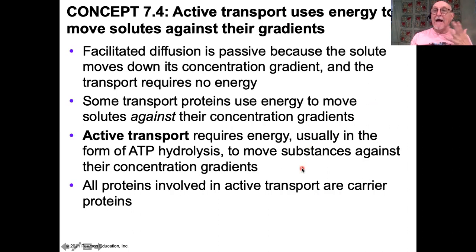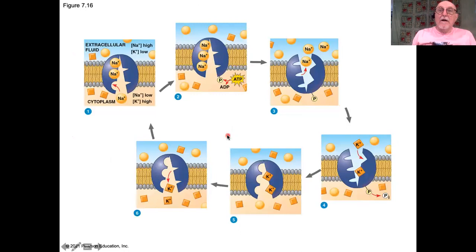And in doing so, they hydrolyze some substance which is high in phosphate. They very often are themselves phosphorylated. That's how they acquire the energy. They become phosphorylated and they acquire the energy, which is potential energy in that phosphate bond. So they are, in fact, carrier proteins in that they change shape.